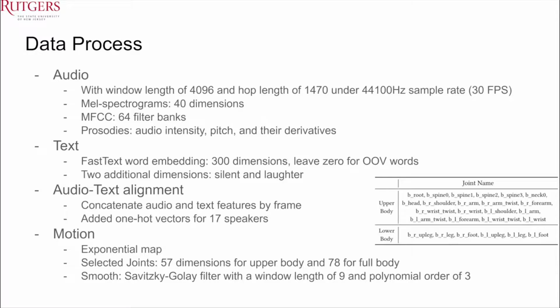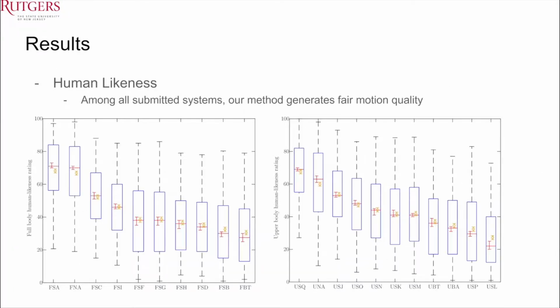For post-processing, we smooth the generated gestures using the Savitzky-Golay filter with a window length of 9 and a polynomial order of 3. We find the smoothing parameters filter out the jittering artifacts and preserve better motion quality. As a result, our FSH entry and USK entry both generate fair motion quality in human likeness.